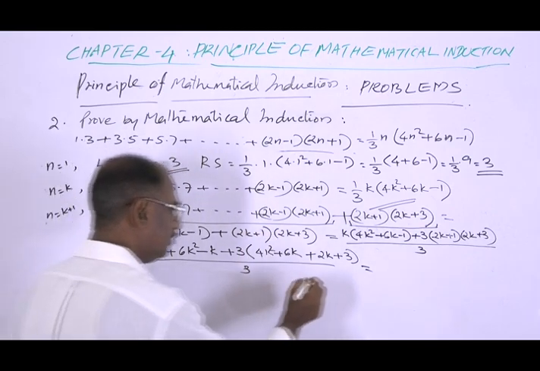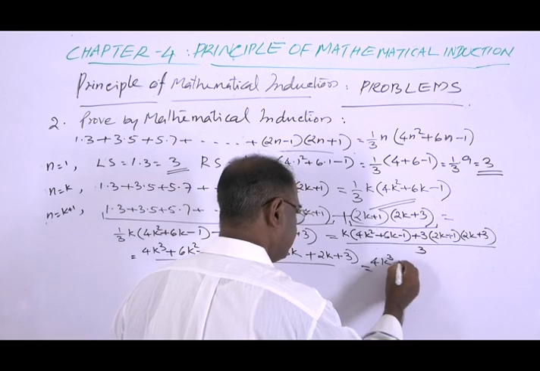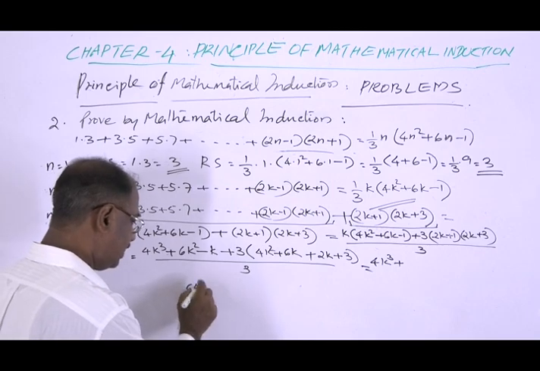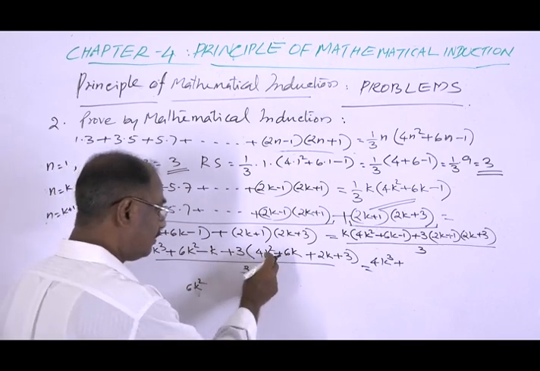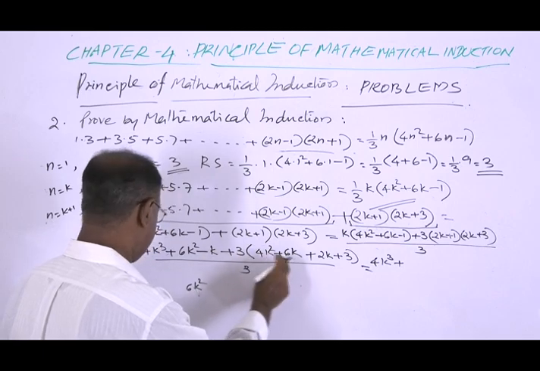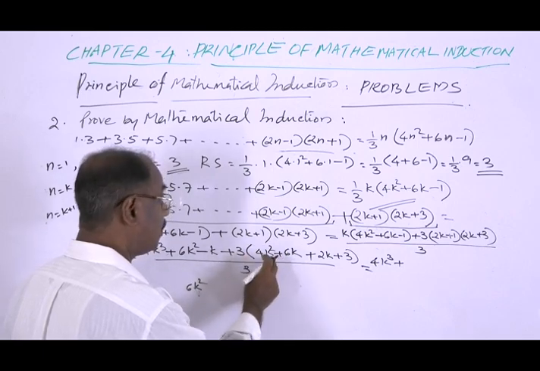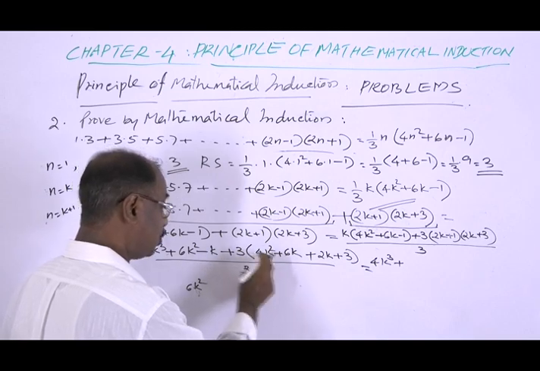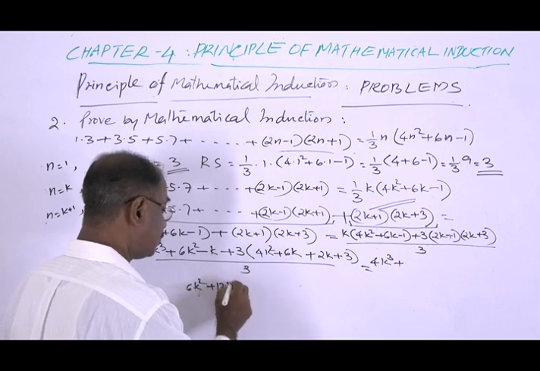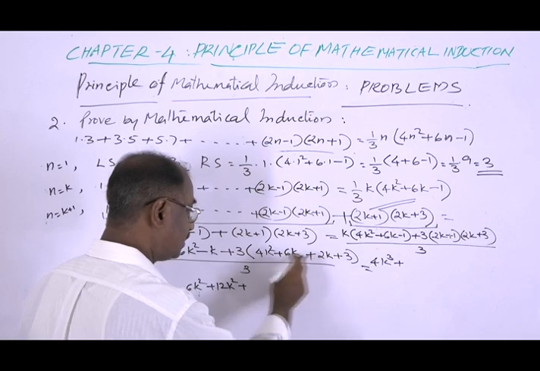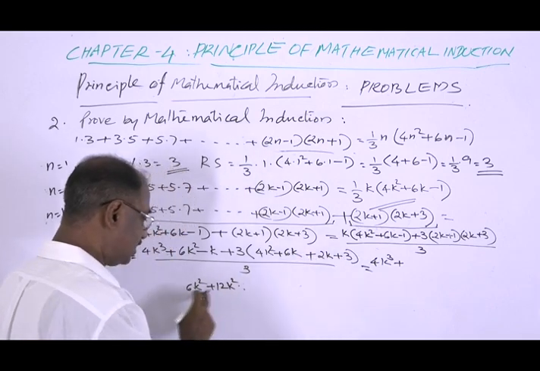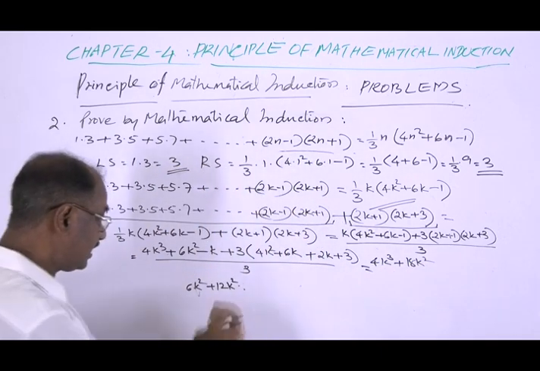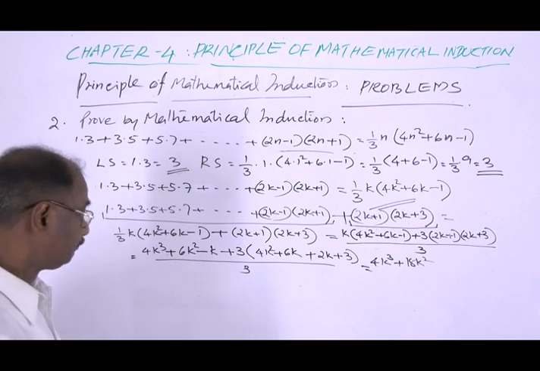So 4k cube, then plus the term involving k squared. So here we have 6k squared, and 3 into 4k squared, which is plus 12k squared, plus there is no other term involving k squared, which is equal to 6 plus 12, which is 18k squared. Then the term involving k.